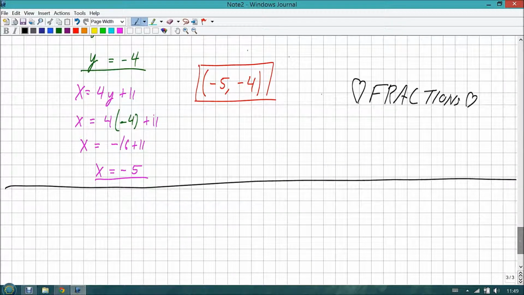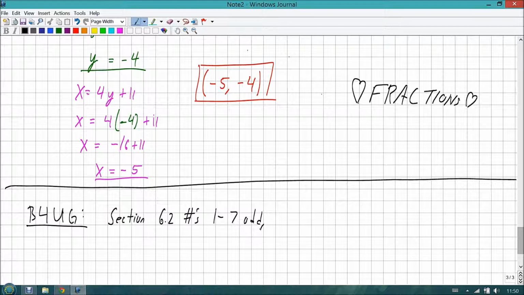All right, so before you go work, because this really is a little bit complicated, I'm not going to give you too much. Let's go section 6.2, hashtag gotta love the fractions, 1 through 7 odd.